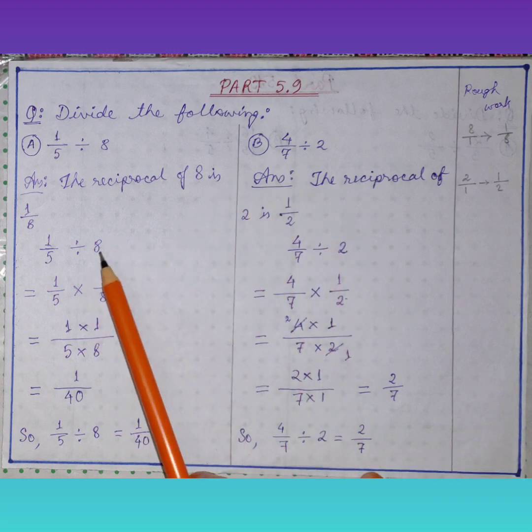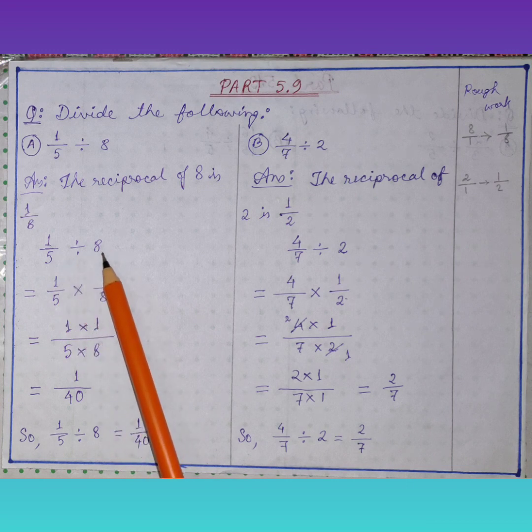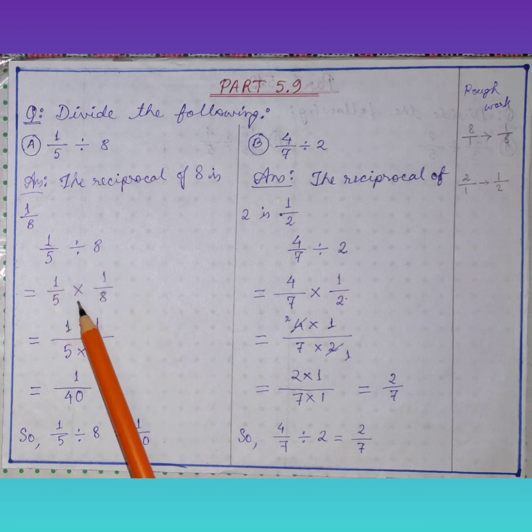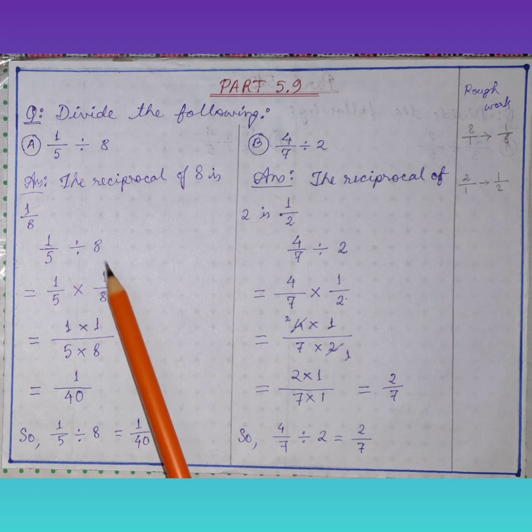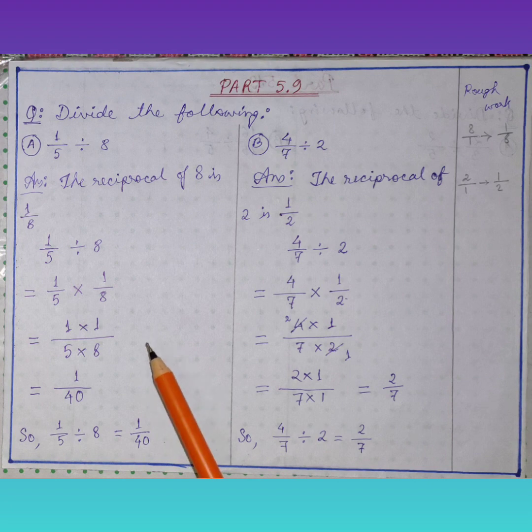To divide a fraction by a non-zero number, we multiply the fraction by the multiplicative inverse of the whole number. Today, we are going to discuss the answers of home assignment part 5.10. Okay? So, let's start the class.